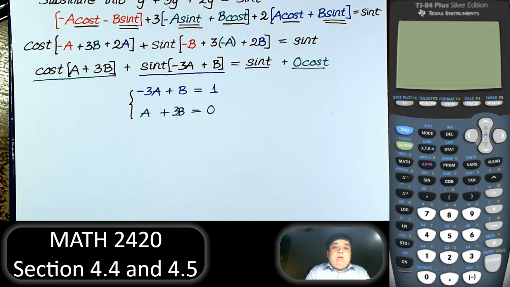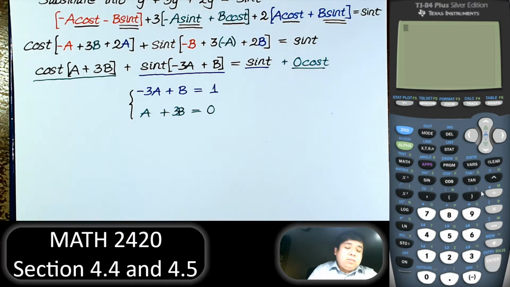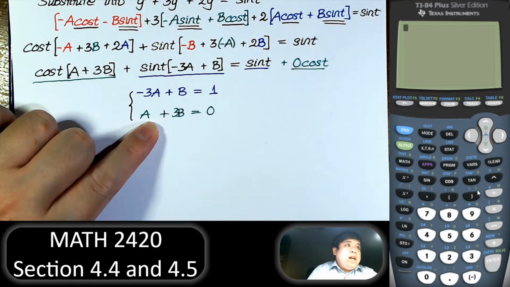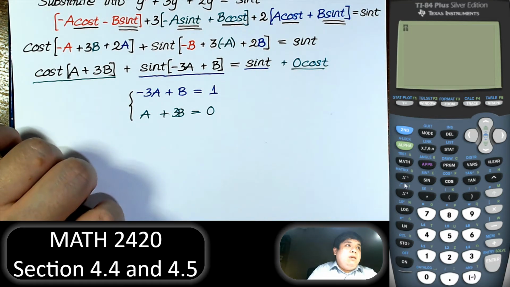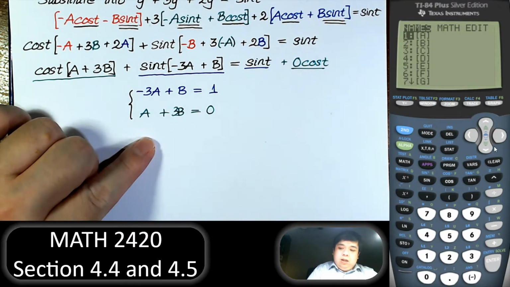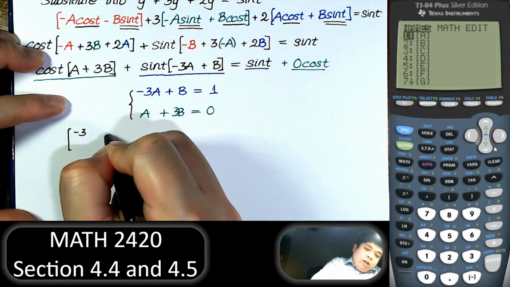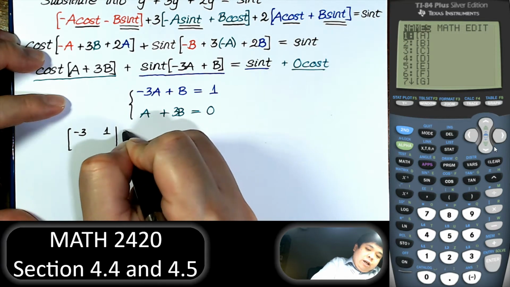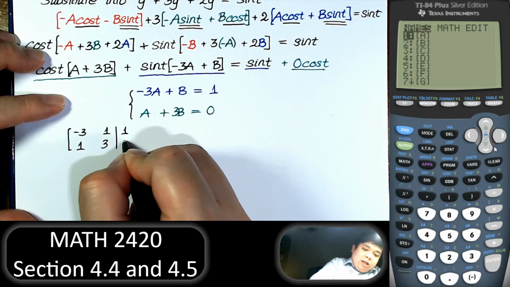And to solve this equation, I've used the calculator. The fastest way is to enter this in the matrix and then apply the row reduced echelon form. So enter the matrix, second matrix. We write this as the system negative 3, 1, and 1, 1, 3, and 0.